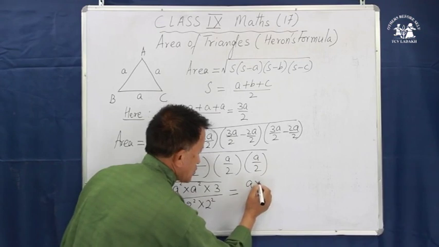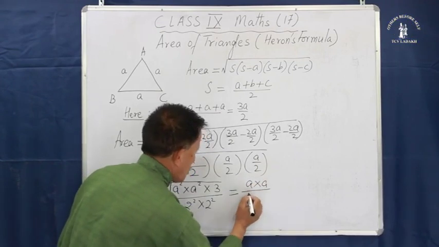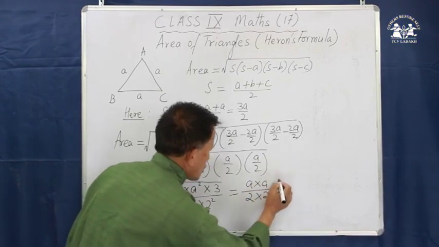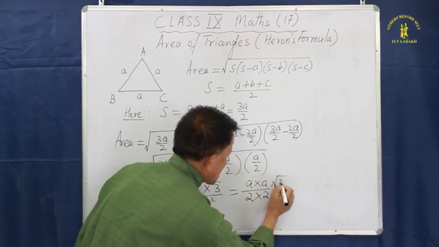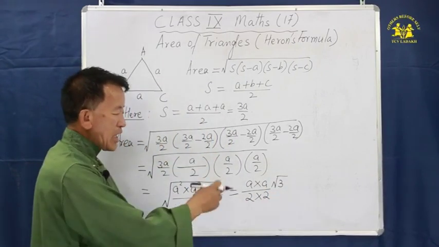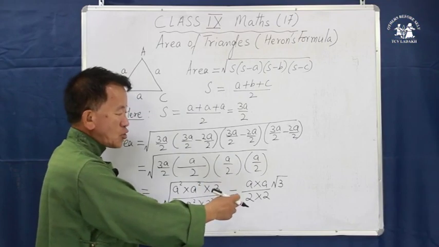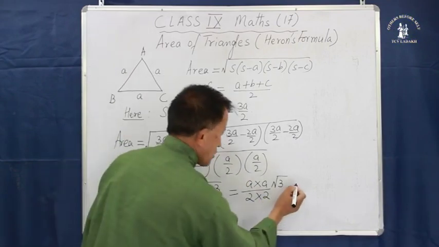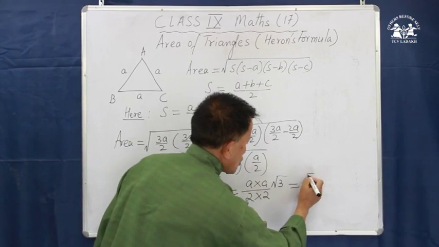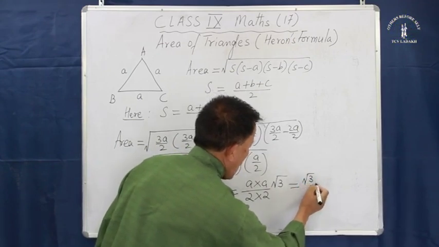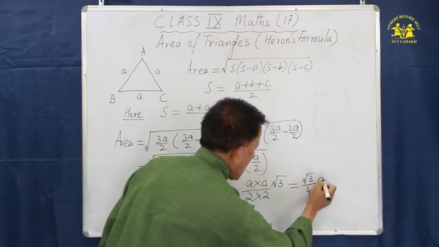So A into A upon 2 into 2 root 3. So A into A is A square, 2 into 2, 2 twos are 4. So this can be written as square root of 3 upon 4 A square.